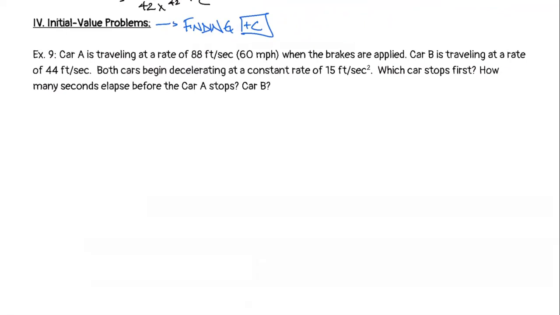My question to you is, which car stops first? So we've got car A and car B driving down the road. Maybe they see a squirrel crossing the road. I don't know, they always seem to do that at inopportune times. They slam on their brakes. Who's going to stop first, car A or car B?